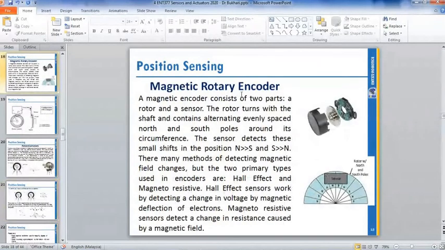So this is a magnetic rotary encoder. You can find this in a lot of DC motors now. They put in a magnetic encoder. You have a north and south pole magnet, and you have a sensor to measure the north and south poles.